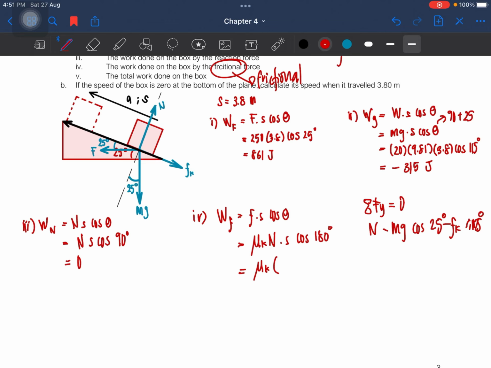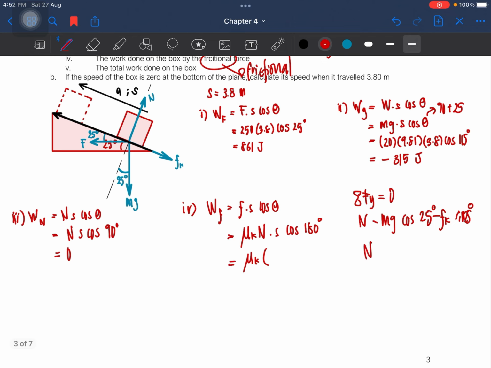So N is equal to minus F sine 25 degree. Why F_k? It's F, because this is the external force sine.